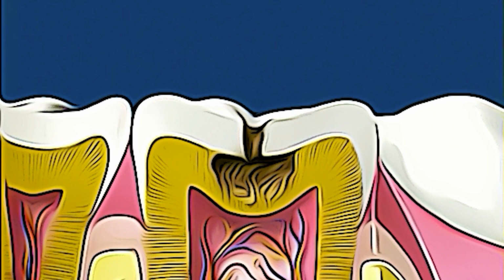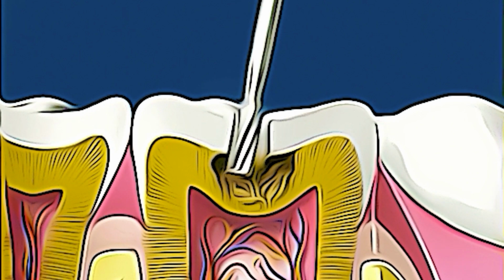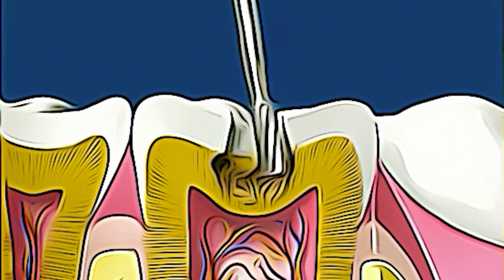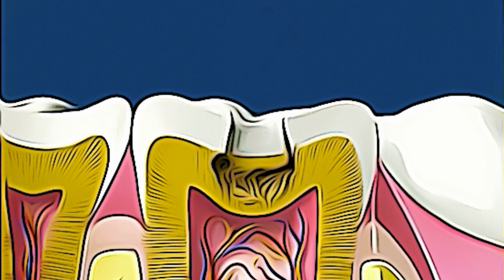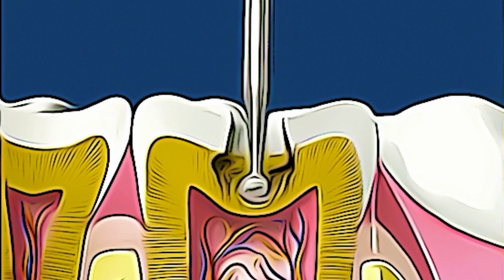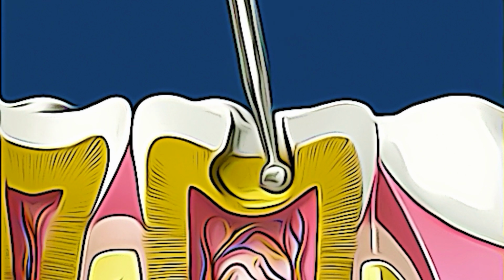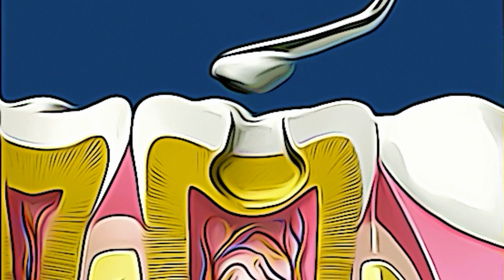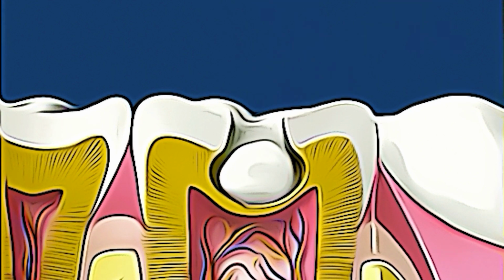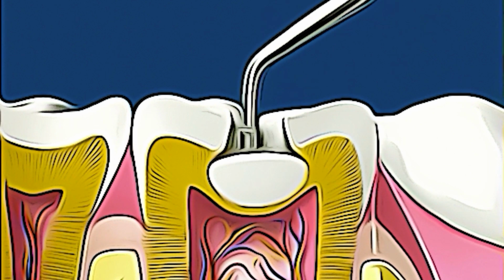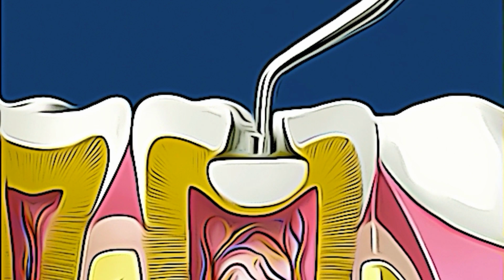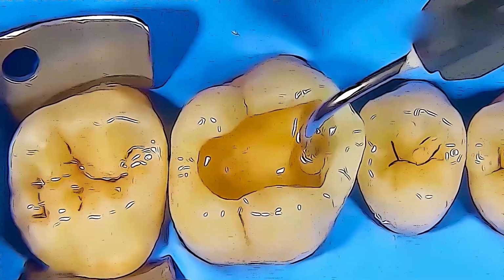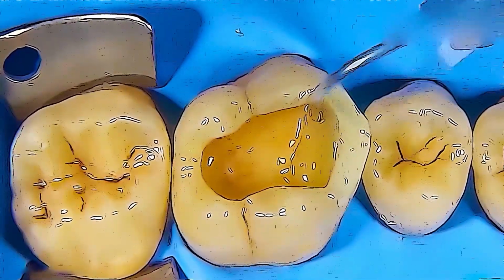But if the cavity is extending to the dentine, the underneath part, you can do a good cleaning and then fill it up, as you can see in this diagram. There you can easily fill with better materials in modern technology so that you can get the natural shape of the tooth. Mind you, none of these tooth filling materials are as good as your natural tooth structure.